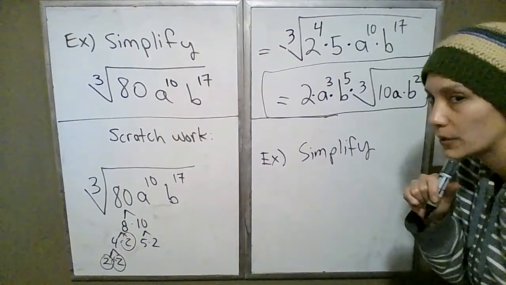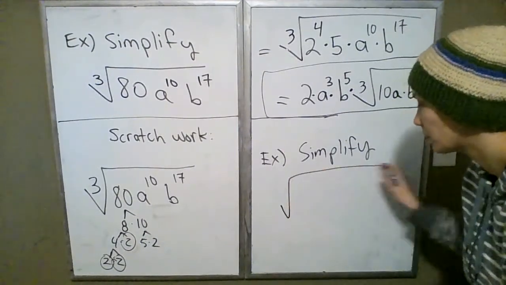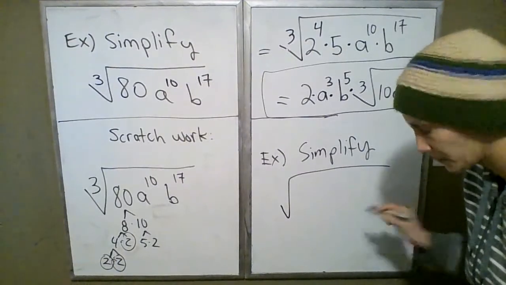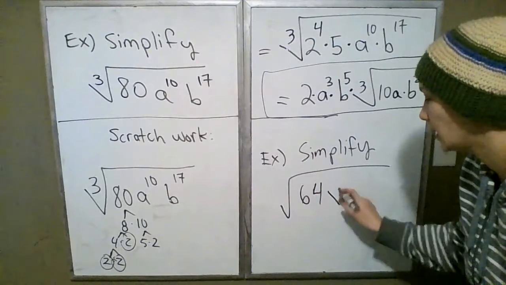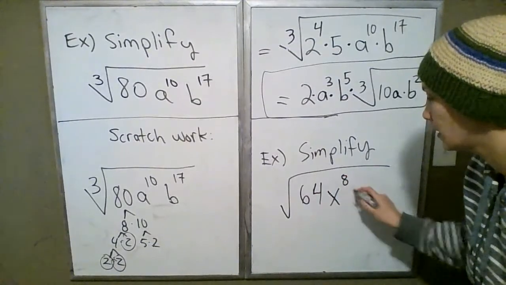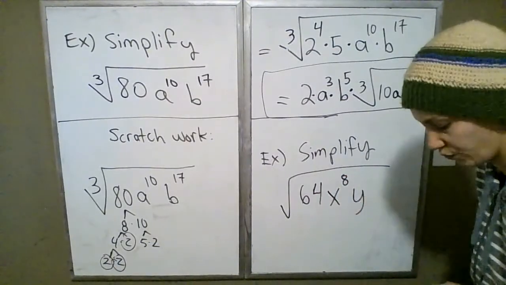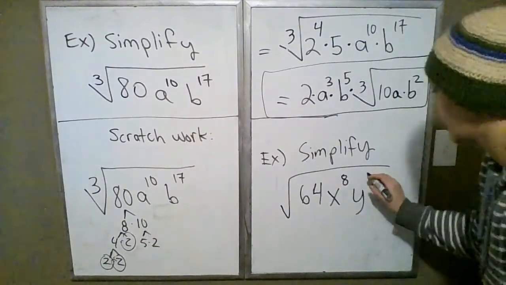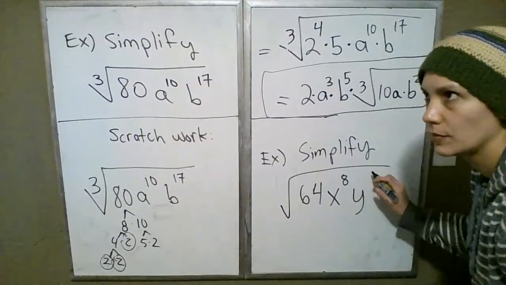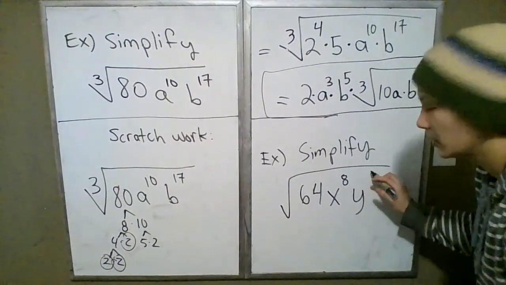We're gonna do a square root of 64 with x to the 8th, y to the 12th.